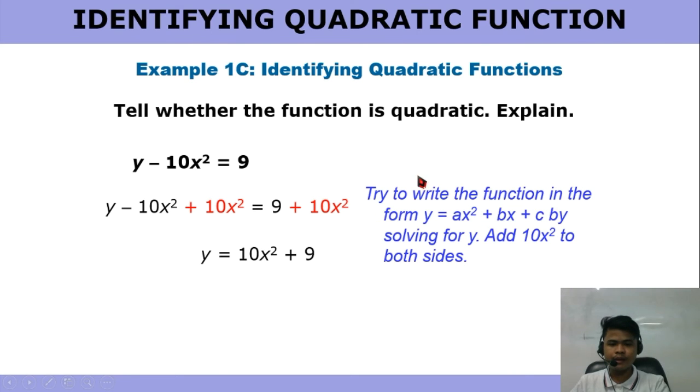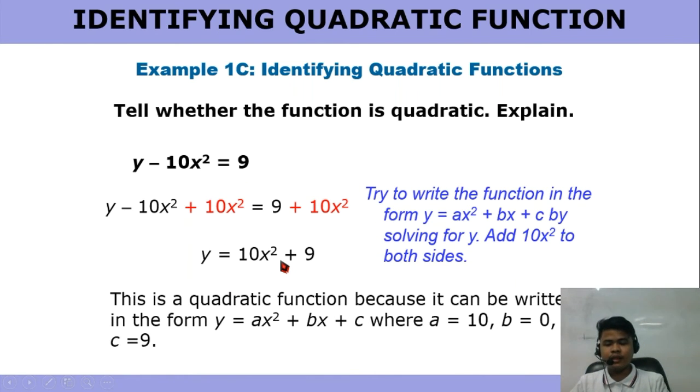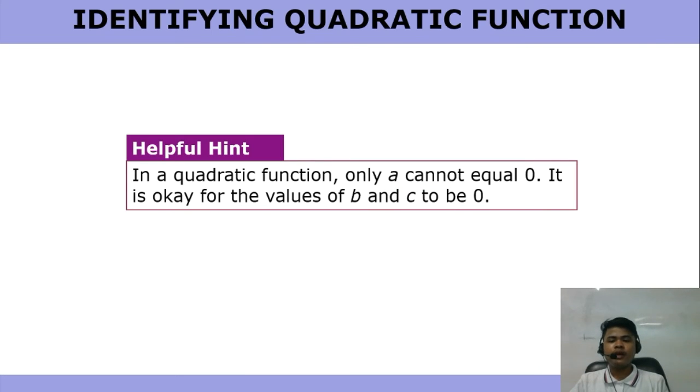Meron bang quadratic term ang given function? Yes, meron. So, it is a quadratic function because it can be written in the form y is equal to ax squared plus bx plus c, where a is equal to 10, b is equal to 0, and c is equal to 9. In a quadratic function, only a cannot be equal to 0.